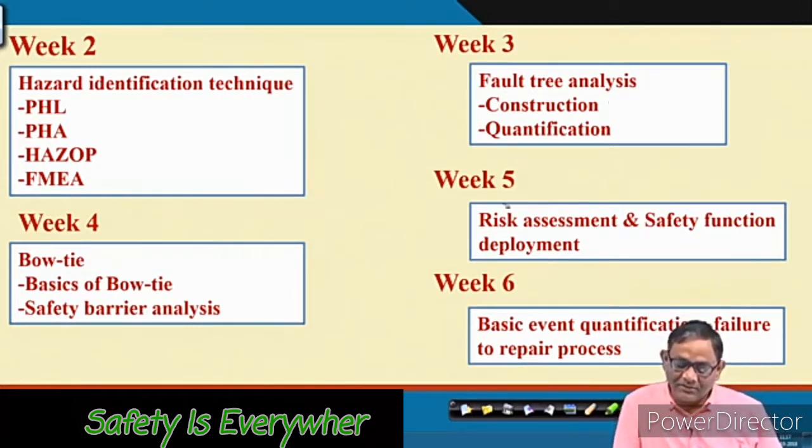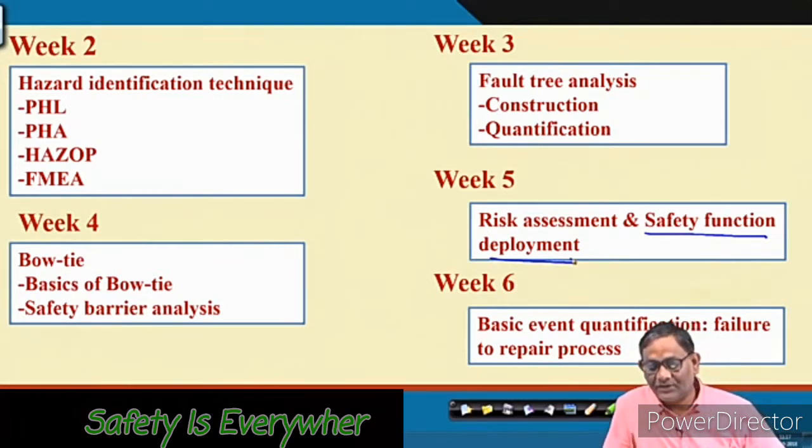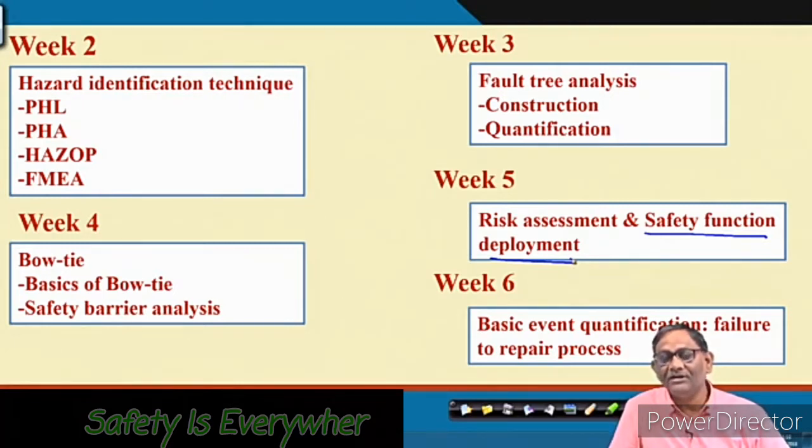And in that week 5 we also discussed safety function deployment, and this is our own creation. We have adopted the philosophy of quality function deployment, and we have seen how safety can be integrated into the design of the system.